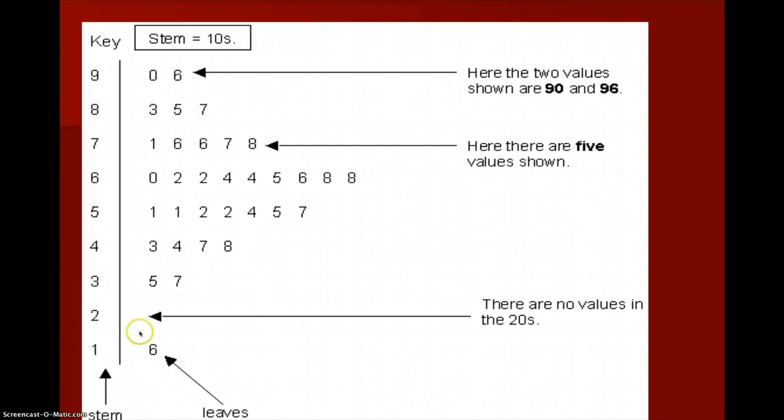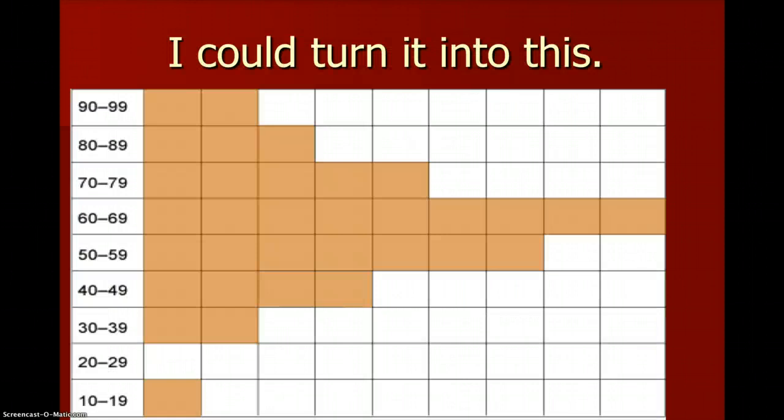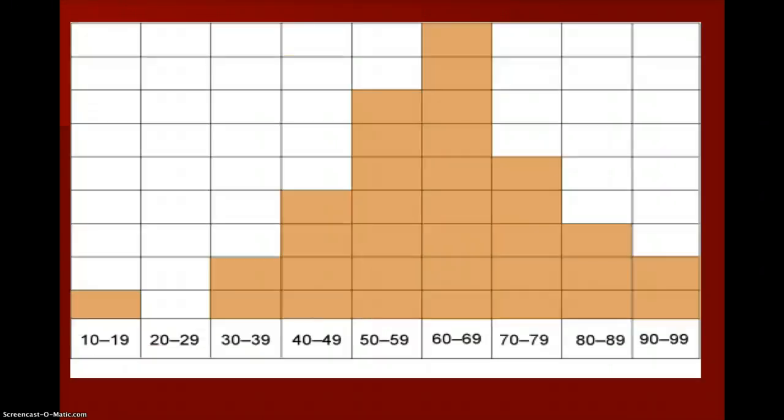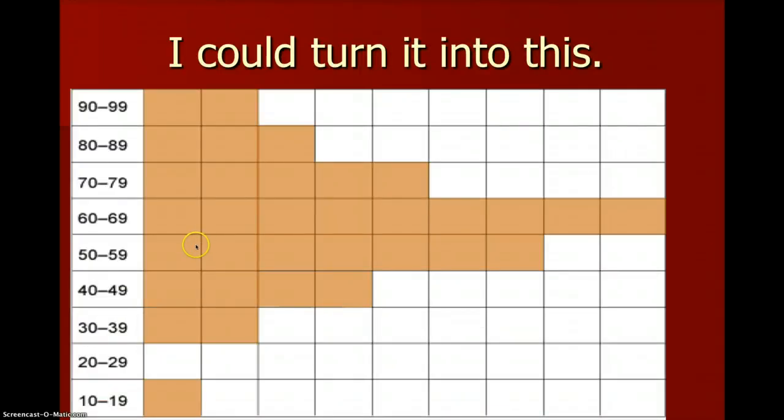This is called a stem and leaf plot. Now, that being said, it's not as common as it used to be. That, however, could be turned into something like this. So, for example, as we said, there was 2 people that were in this group here, 3 people who were in this group here, etc. The problem with this is we lose something with it.